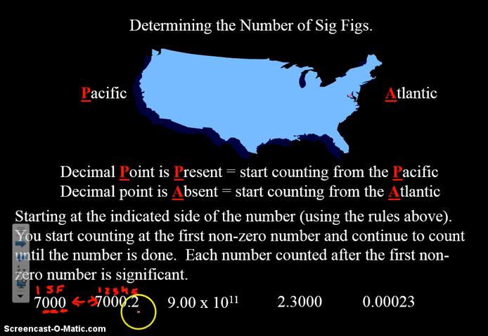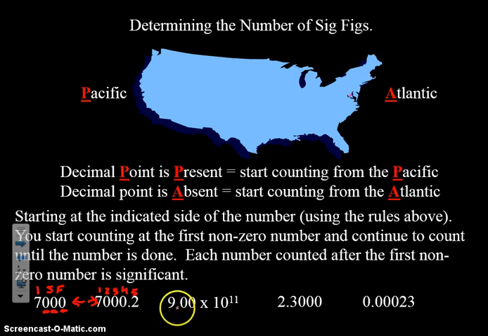Okay. Let's try this example here. Remember, your teacher has probably mentioned this to you, and I believe I mentioned it in the other video. Using scientific notation is a way of indicating how much precision you have. So the digits you have here are actually your number of sig figs. Okay? So here we go.